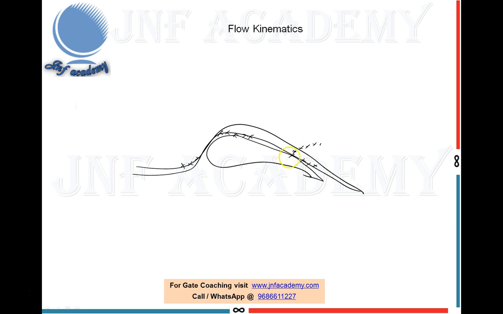Or if there is a nominally or optimally cusped and curved aerofoil, it will not get separated, but the flow will get decelerated and slowly come down out like this. So these are the things which are available, and these changes need to be captured in the studies.